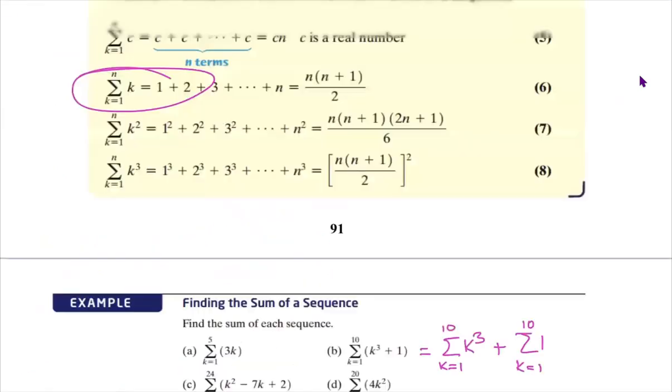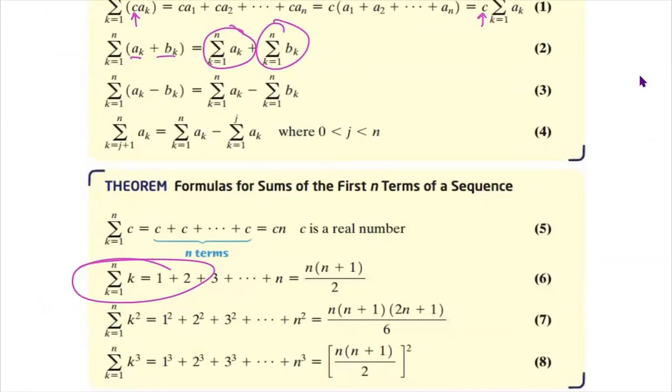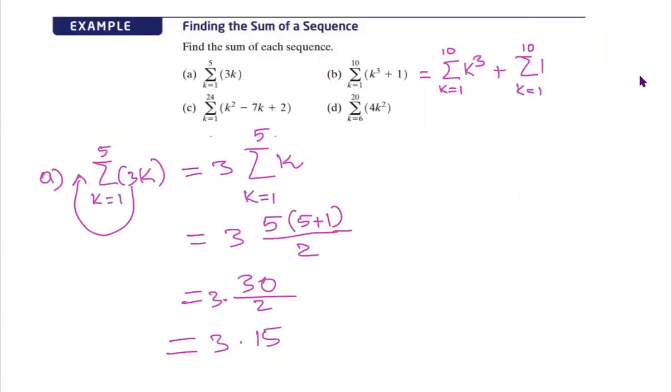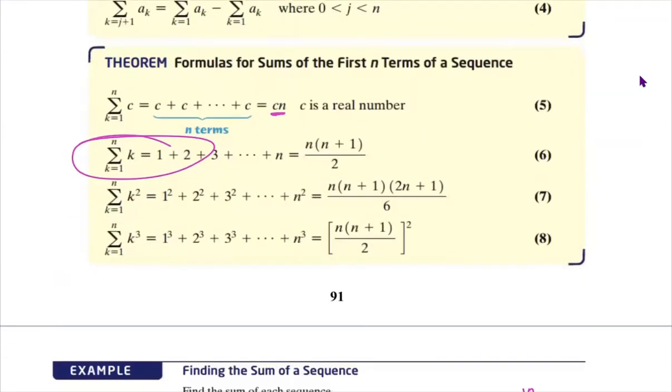Now remember we said that if you sum a constant n times, it's n times the constant. So this one will be 1 times 10, that's 10. And this one is k cubed from 1 to 10, so that's 10 times 10 plus 1 divided by 2, then squared.